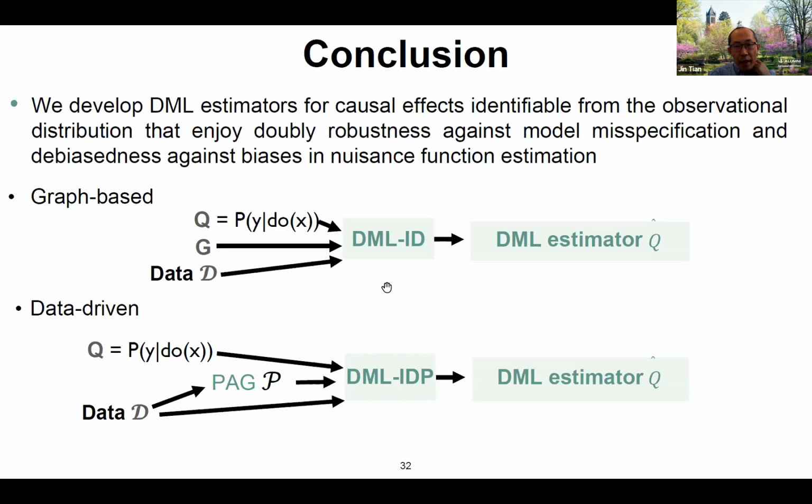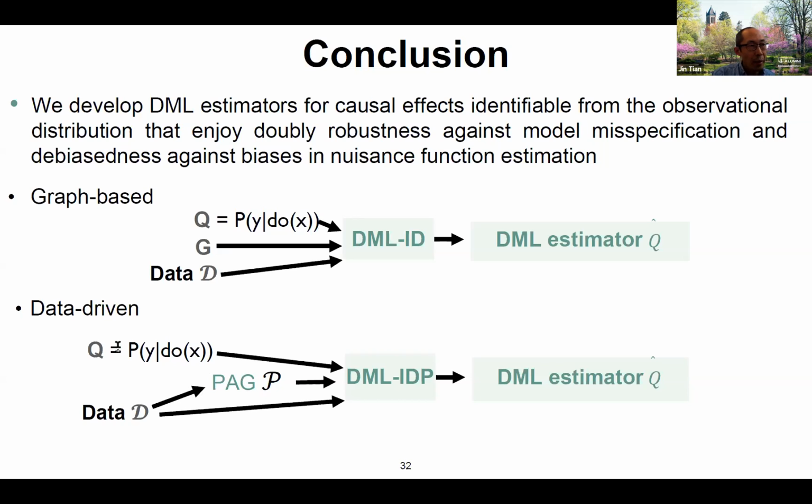And we believe this is the first such result for any identifiable causal effects. In the second scenario, we assume that we are given data, and we also have a partial ancestral graph, which in principle could be learned from the data.